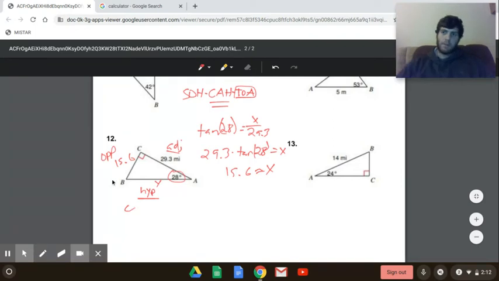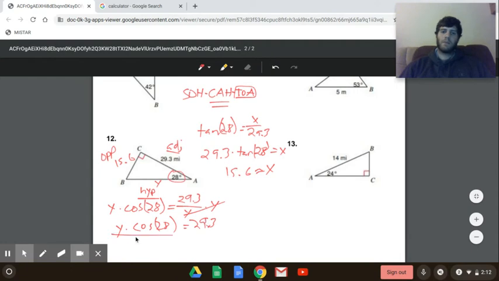My hand's hurting from all this writing. Cosine of 28 equals adjacent over hypotenuse. So that's 29.3 over y. Multiply both sides by y, and you're left with y times cosine 28 equals 29.3.